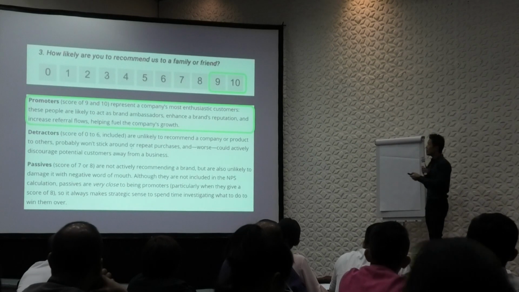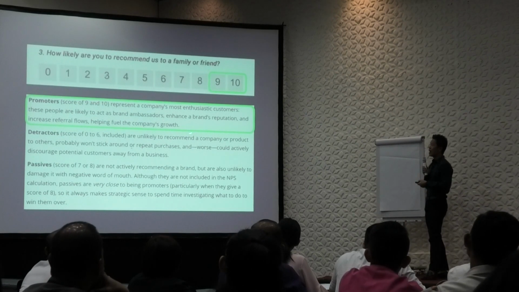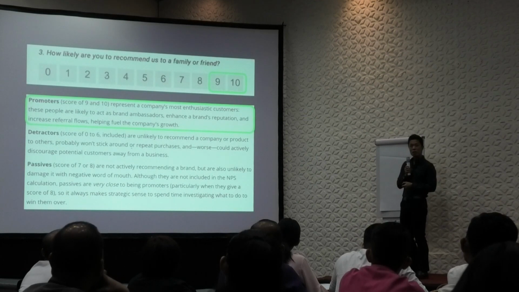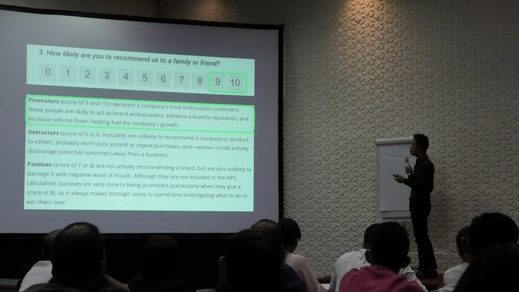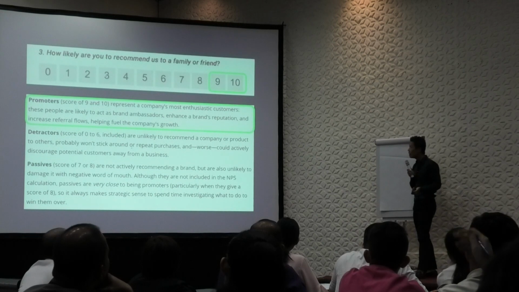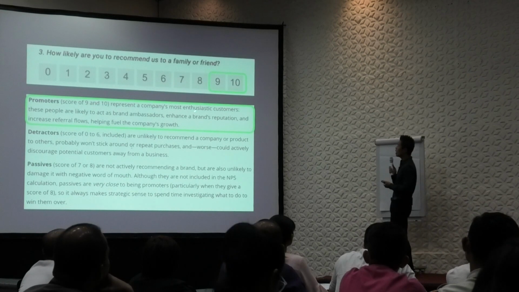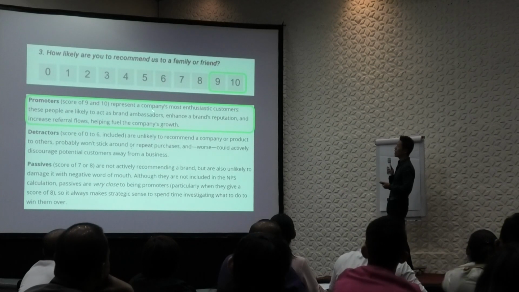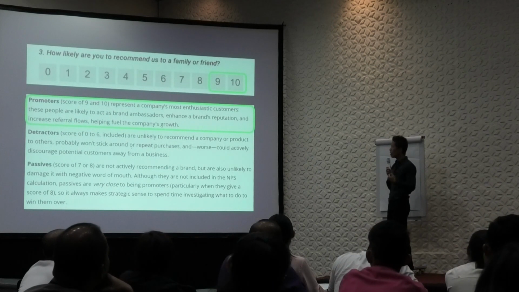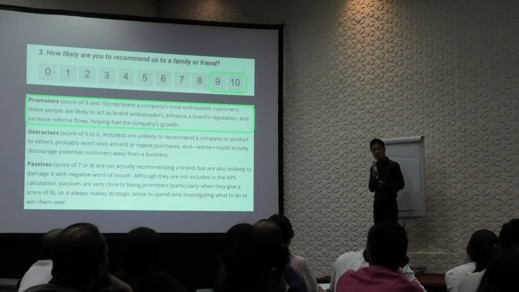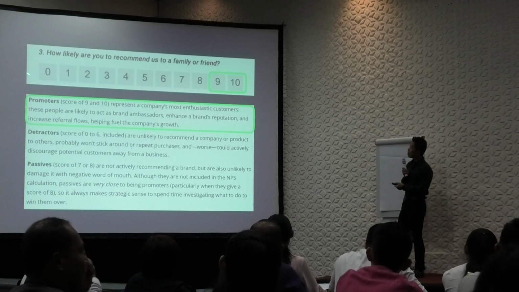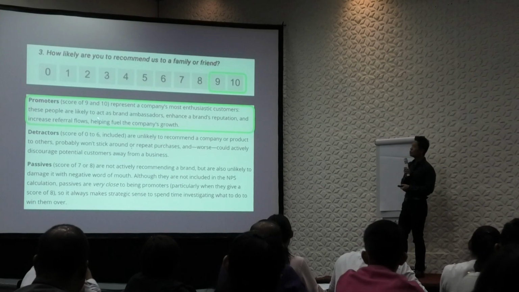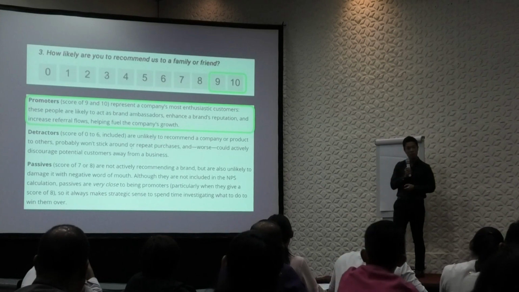If they give 9 or 10, they are named promoters. Why do we call them promoters? Because they are going to promote the hotel. They are the people who are enthusiastic. They are likely to act as brand ambassadors. They're going to recommend the hotel. They will talk about good things about the hotel. So that's why we call them promoters. They are people who are going to help the company's growth.